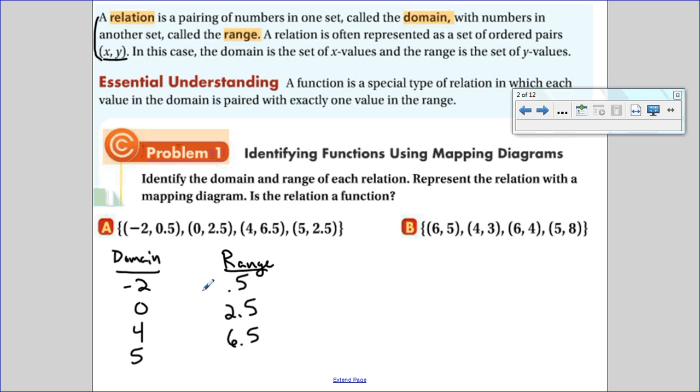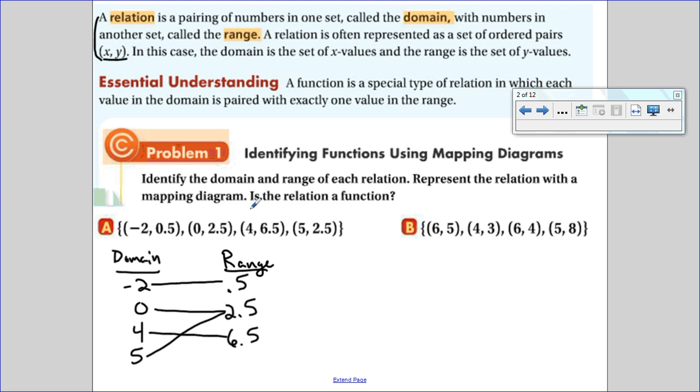I didn't mean they had to go together; you just list them, and 2.5 is already listed. Once you do that, you draw lines to match them up. So -2 went with 0.5, 0 went with 2.5, 4 went with 6.5, and 5 also went with 2.5.